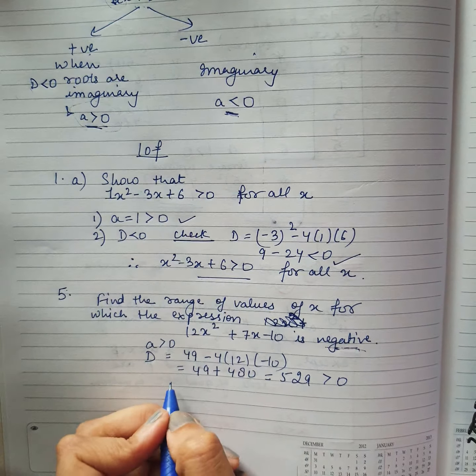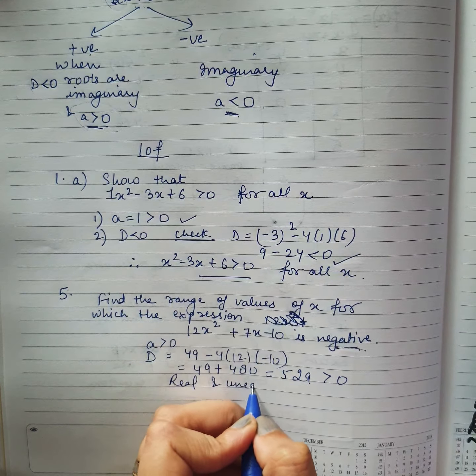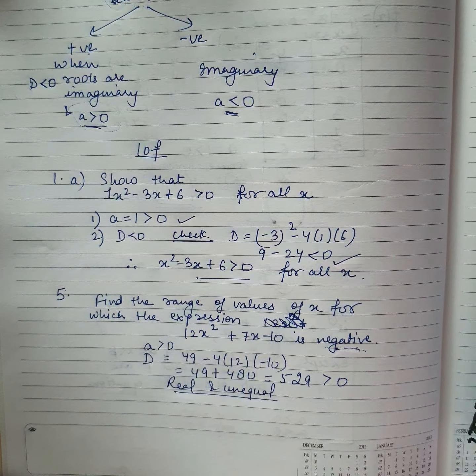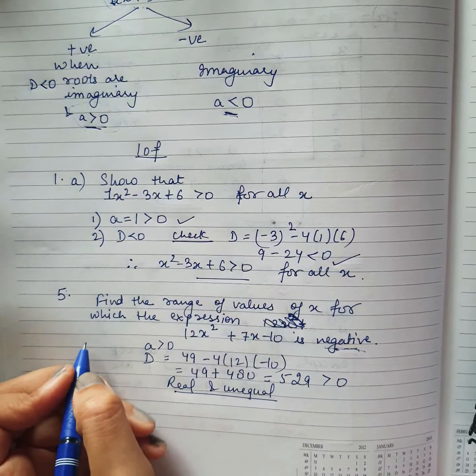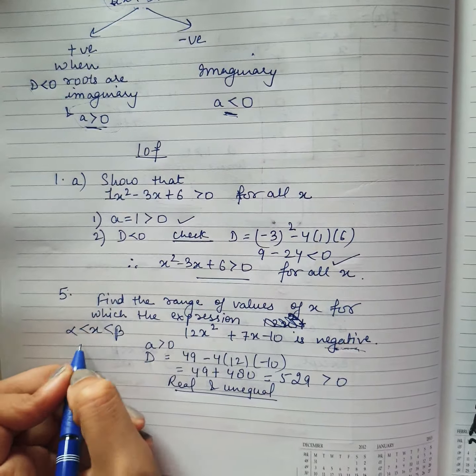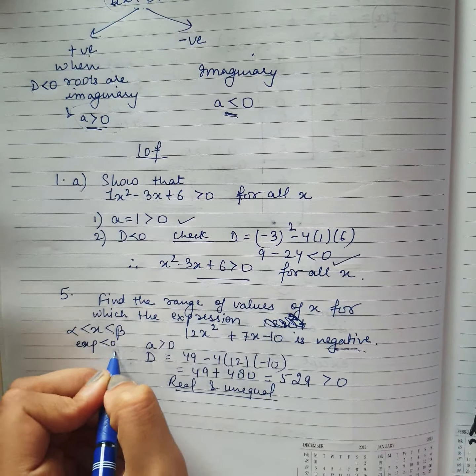So this is the case when we do not have imaginary roots, but real and unequal. In this case, the expression is negative only between the roots. If you remember, only if x is lying between the two roots, then the expression is negative.